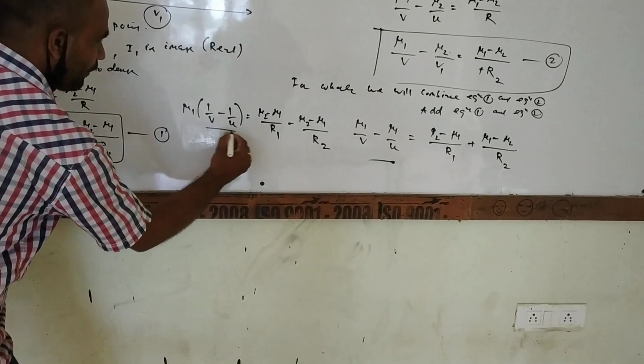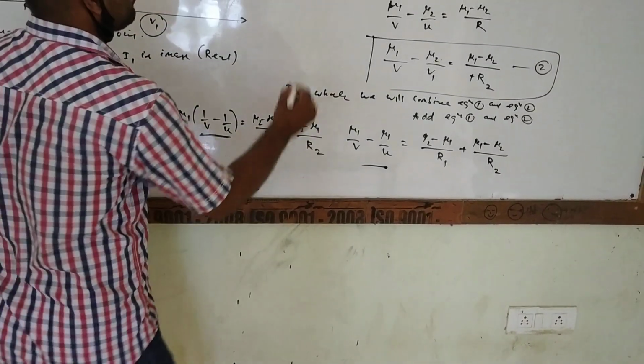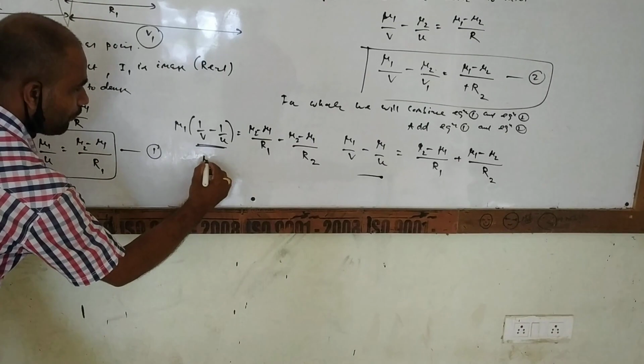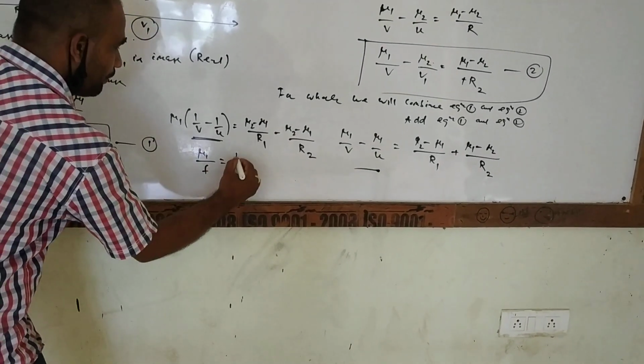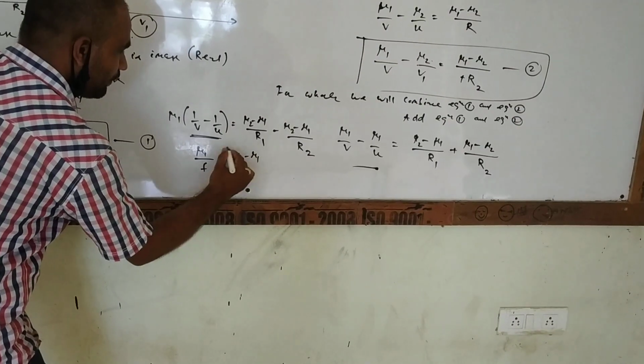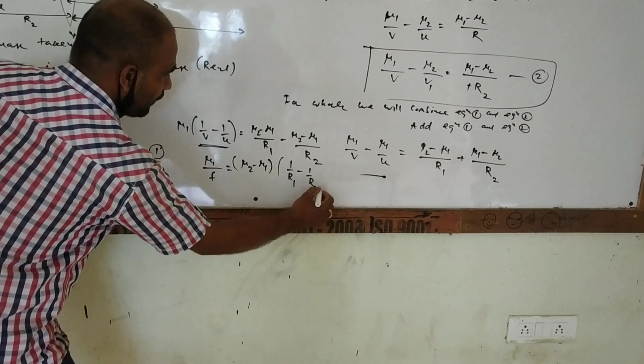I have already told you from the last formula that 1 by v minus 1 by u equals 1 by f. So mu1 into 1 by f equals mu2 minus mu1 into 1 by R1 minus 1 by R2.